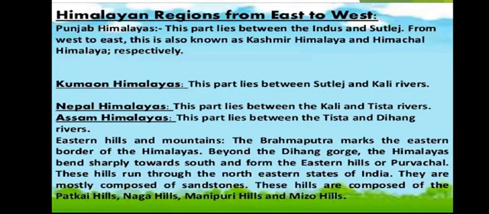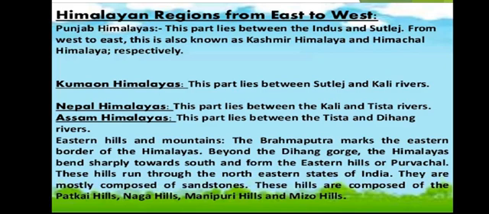Now, Himalayan region can be defined on the basis of region from east to west. Till now what we saw, from north to south. Now let us talk about east to west. It is divided between Punjab Himalayas, Kumaon Himalayas, Nepal Himalayas and Assam Himalayas.